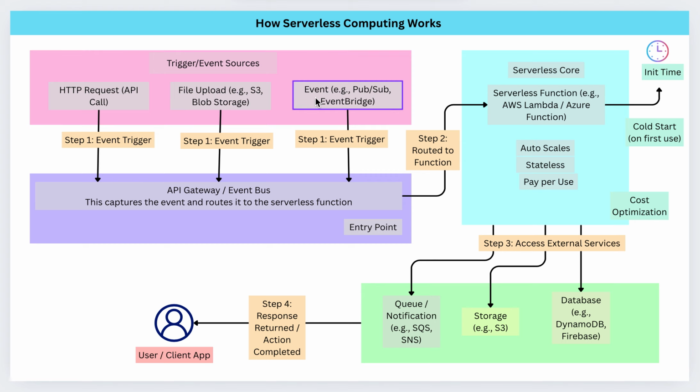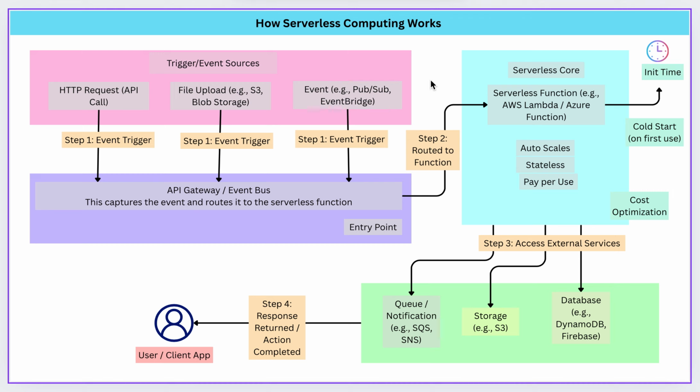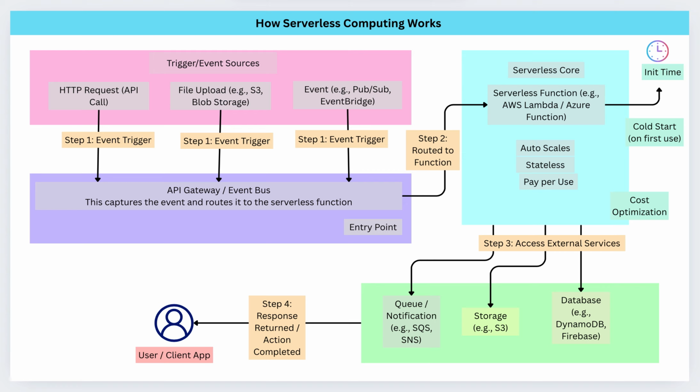And an event, when a system event occurs, like a message published to PubSub or an event posted to EventBridge. These are external events that activate the system, the input that tells your serverless system to run.